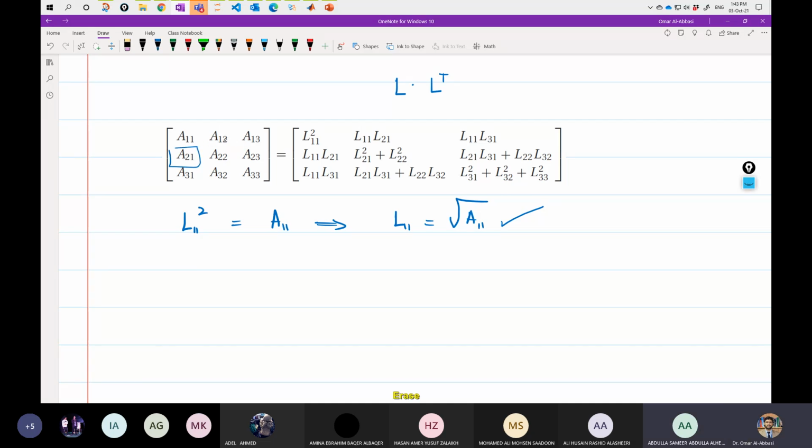A21 equals L11 L21. L11 times L21 equals A21, right? So in this equation, A11 is known. We just found it. So this means L21 equals A21 divided by L11. Okay, now L21 is known. Let us move to the next element.